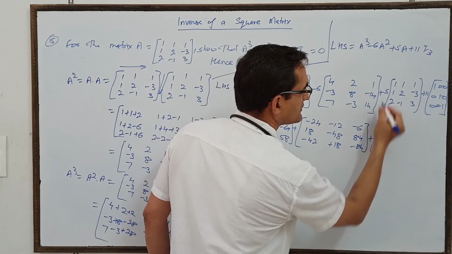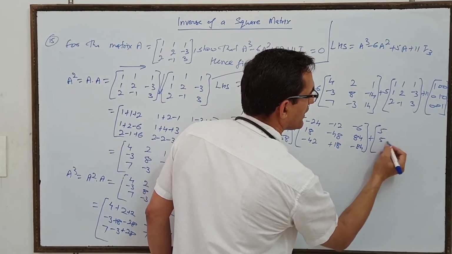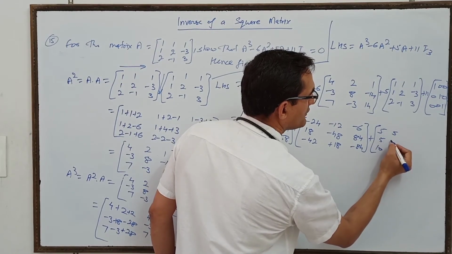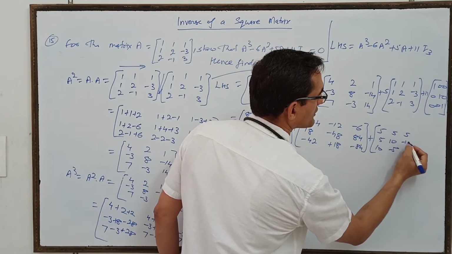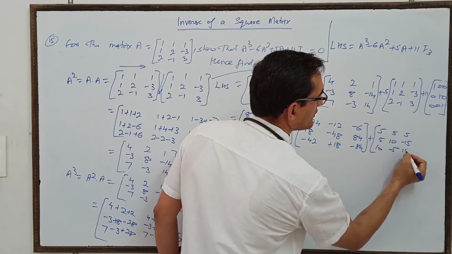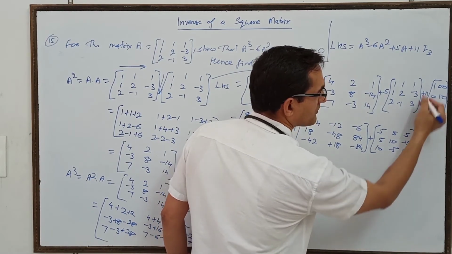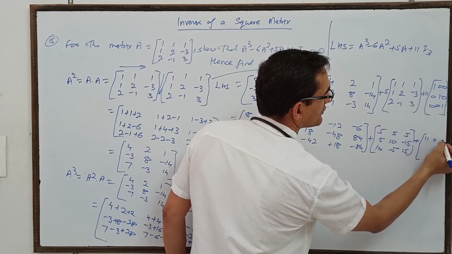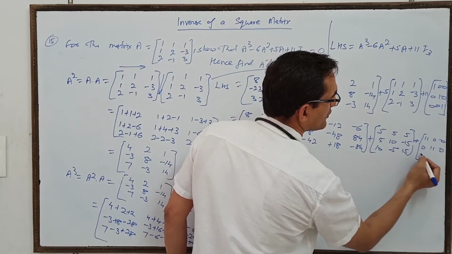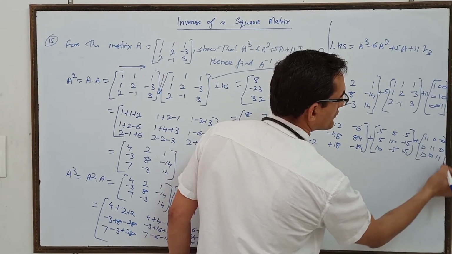So this is 5, 10, minus 5, minus 15, 5 3s are 15, and multiply 11 by 11, 0, 0, 0, 11, 0, 0, 0, 11.